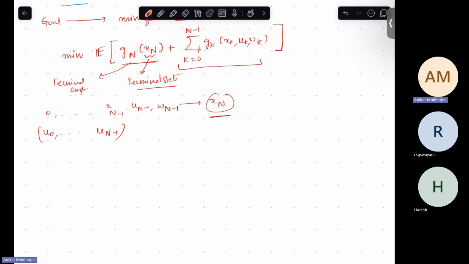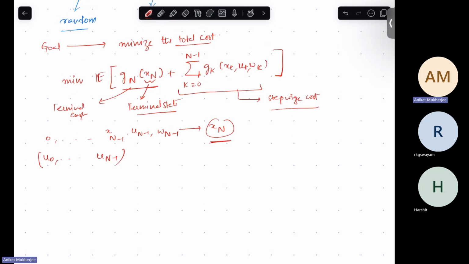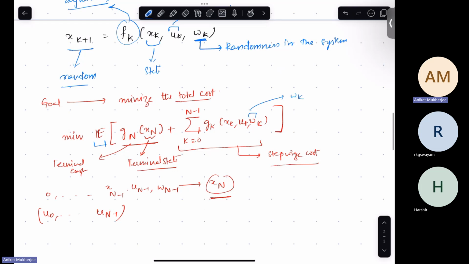And these are known as your stagewise cost. Now, why am I taking the expectation here? There is randomness in only one place. This wk is random, but each of the xk depends on your wk.